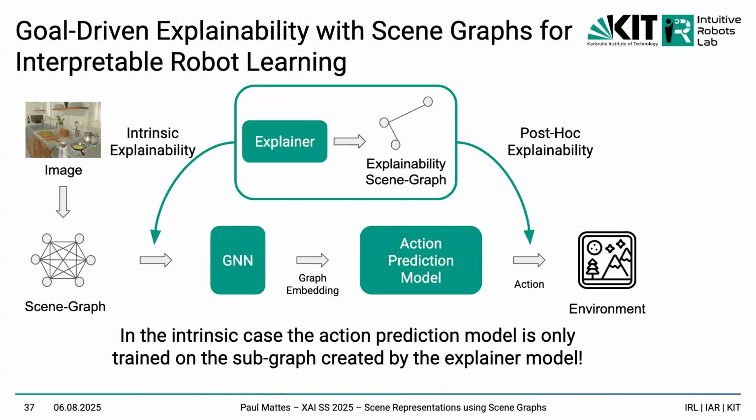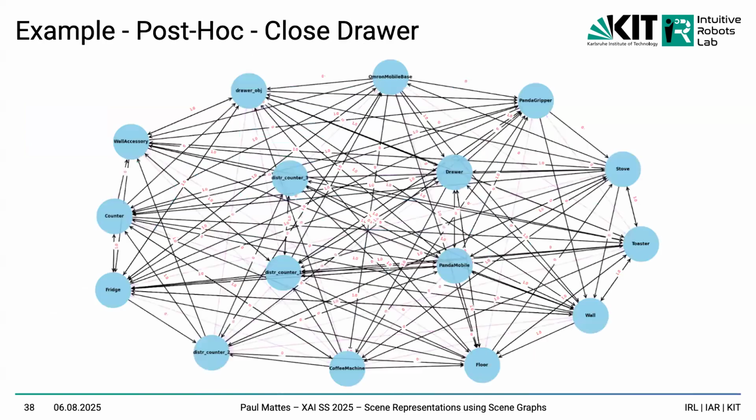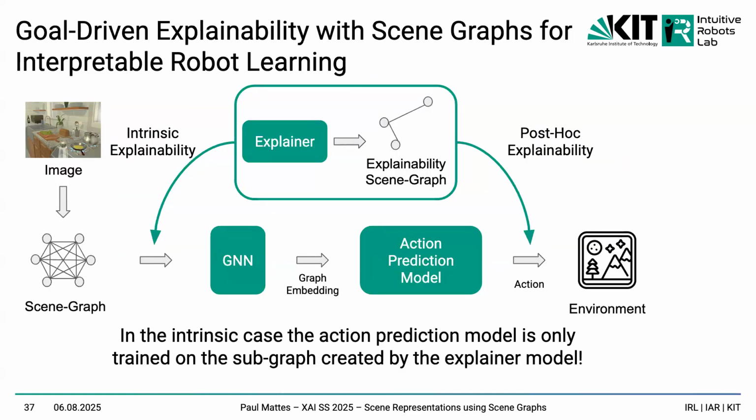In this method, do we still have relation types in the graph? Not yet, no. In the beginning, I tried with relations, in the direction of affordances, what I could do with objects. Currently, we only look at what objects could be related to others.